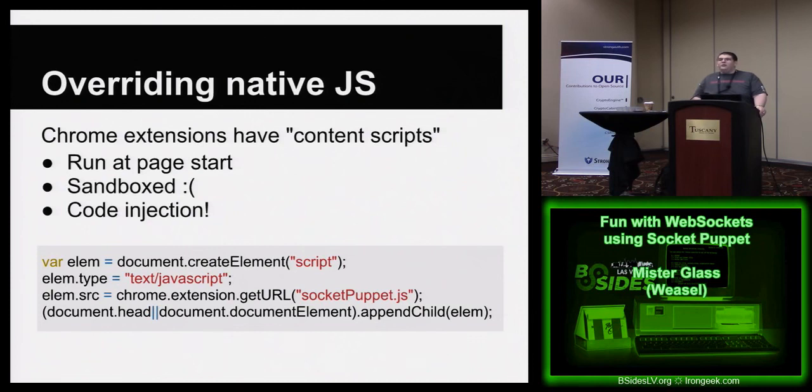But you can inject code. So what you do is you grab your script, you create a JavaScript element, just the thing for the DOM. You pipe the actual JS that you want into that element's source, and then you append it into the head of the document.